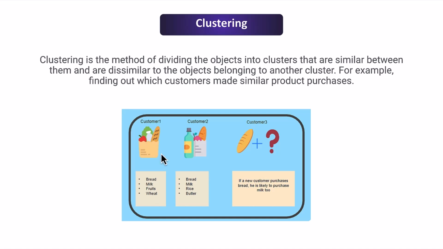If we get the data about the purchases of the customers, then after passing this data to our unsupervised machine learning algorithm, we can get useful outputs. Like here, in a bakery, customer 1 bought these items, which are bread, milk, fruits and wheat, and then customer 2 bought bread, milk, rice and butter. Based upon our observation, we can see if the customer has bought bread, then he is most likely to buy milk too.